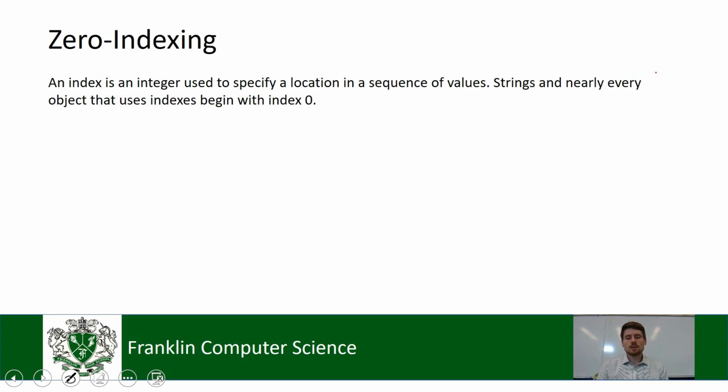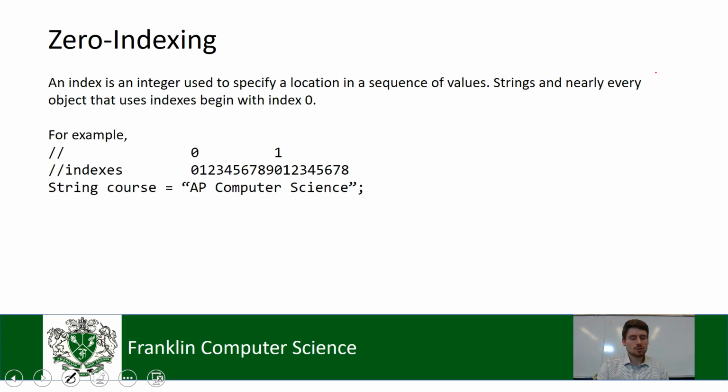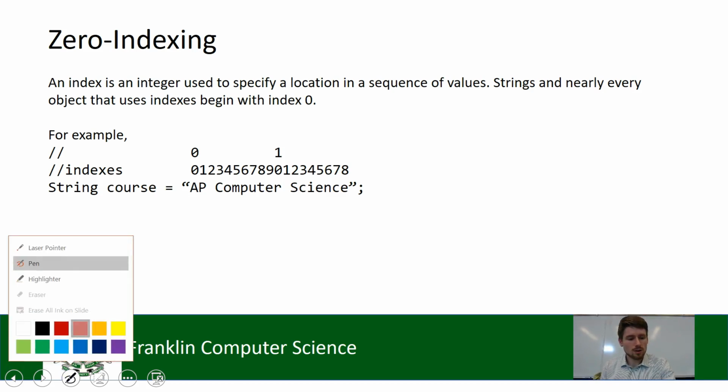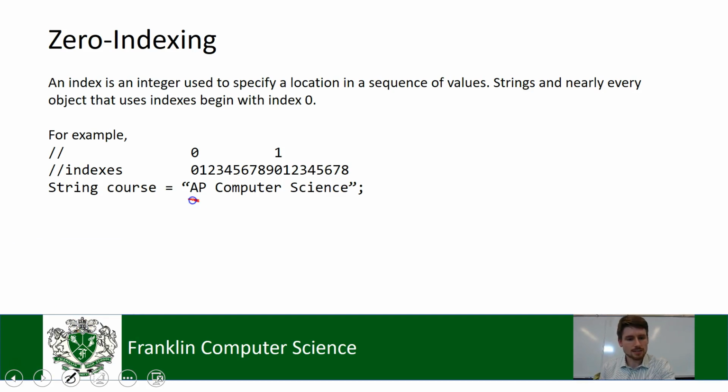So when we look at a string, for example, AP Computer Science, the character at index 0 is the A. So this is the character at index 0. And the character at index 18, that's all the way over here.